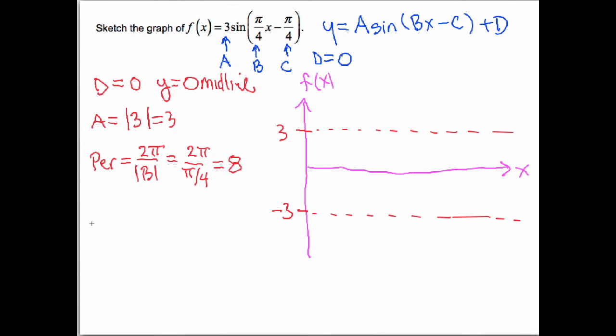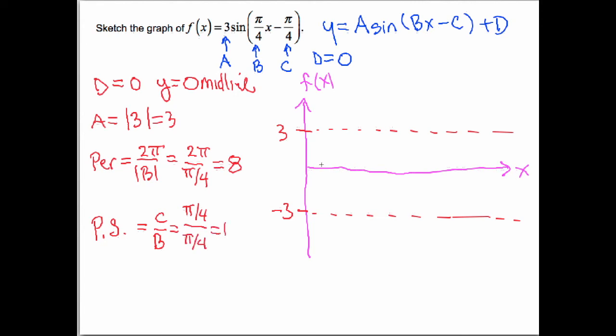But the last thing I want to do is take a look at the phase shift, because I want to see where I'm really going to shift the parent function to begin sketching the graph. So I know the phase shift is c over b, which in this case is pi over 4 over pi over 4, which is 1.